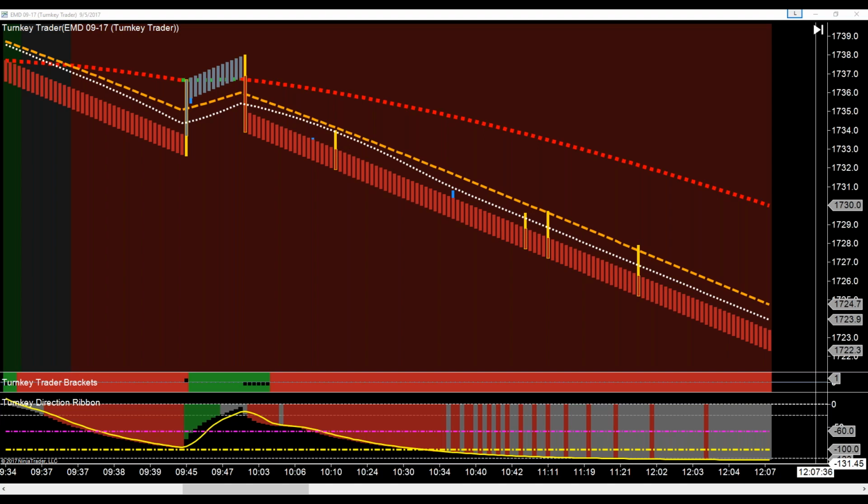CL's been fairly slow lately, so there will be that odd day where you'll catch some good moves, but even when those days are moving, I don't find it effective with Turnkey Trader. I just don't see enough trade opportunities for it to be a prime market to watch. Same thing with a market like the ES.